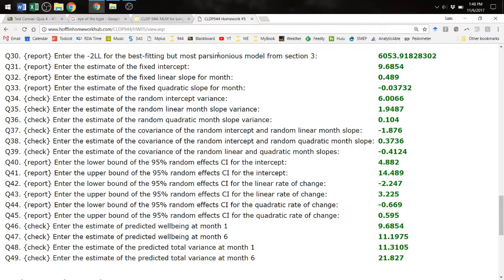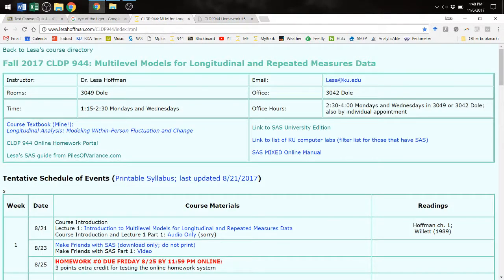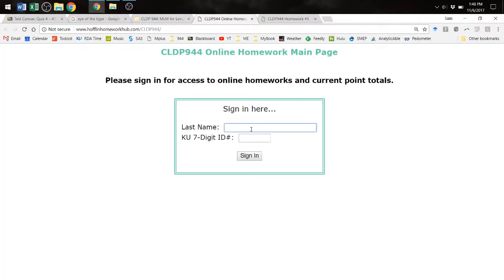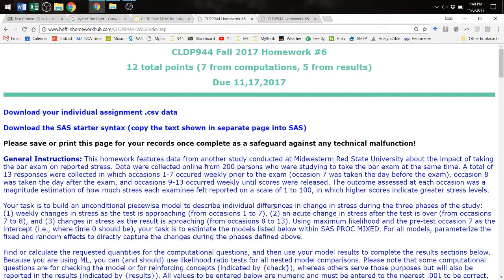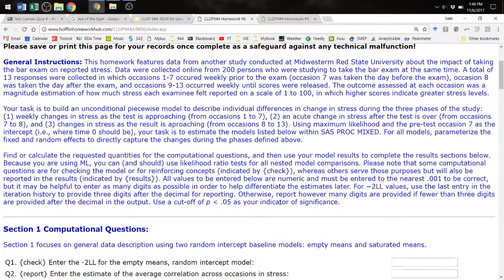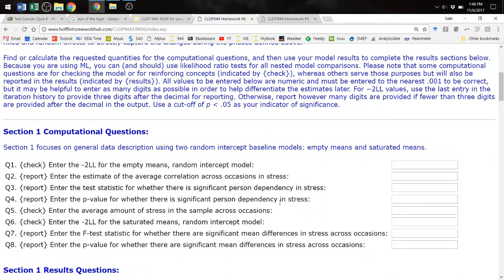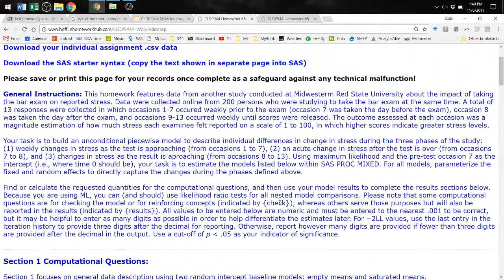Alrighty then. Homework 6 is up. It's due in a week from Friday. It's long, so it might be a good idea to get started sooner rather than later. It's a piecewise model.